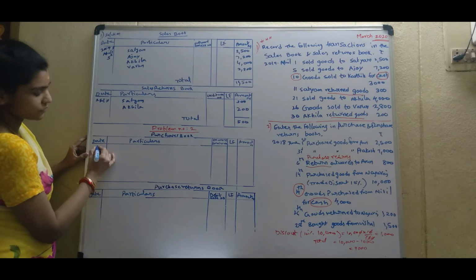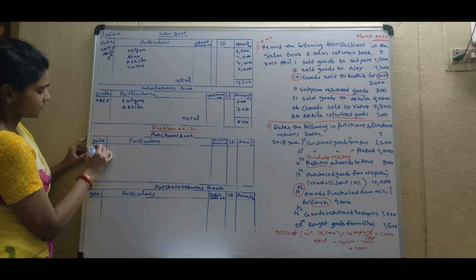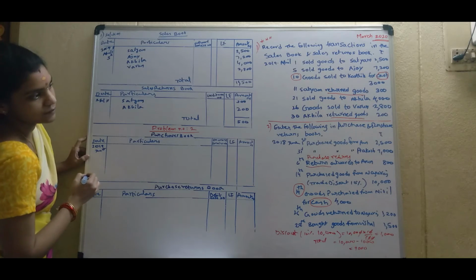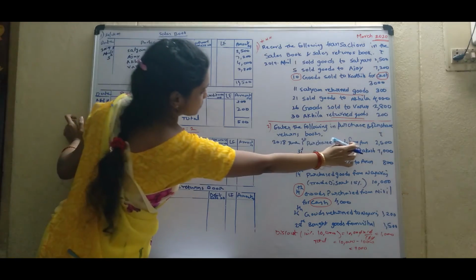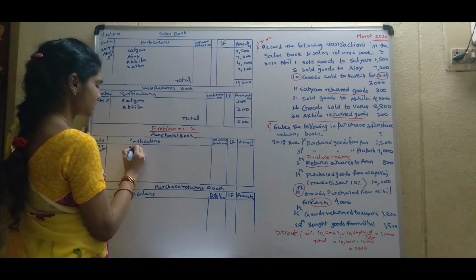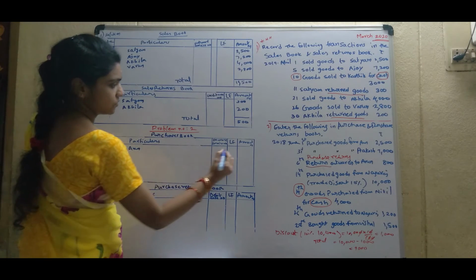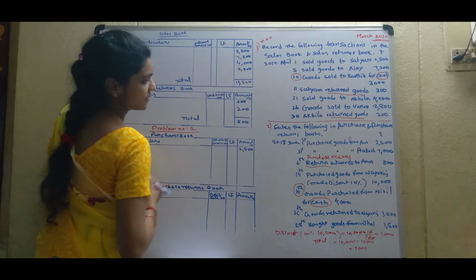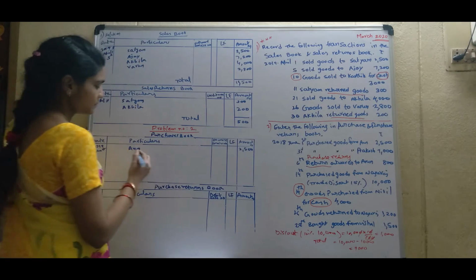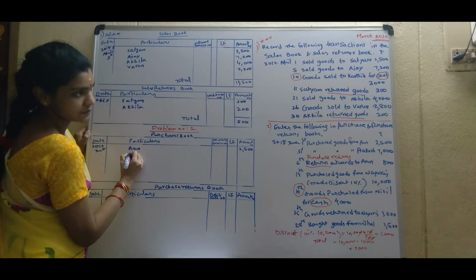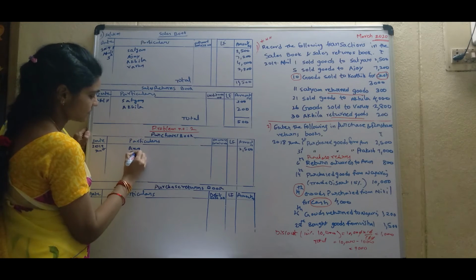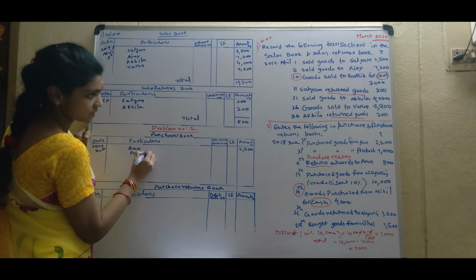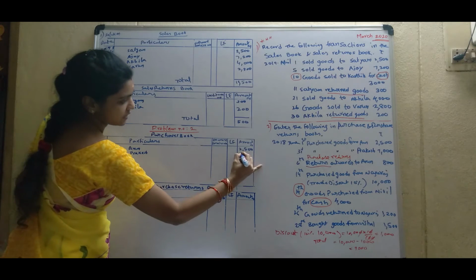Shall we start? Okay. Date 2018 June 1st. From whom? Goods purchased from Arun. What's the amount? 2500. Purchase goods from Prakash. Is it Prakash only? Okay, Prakash. What's the amount? 7000.